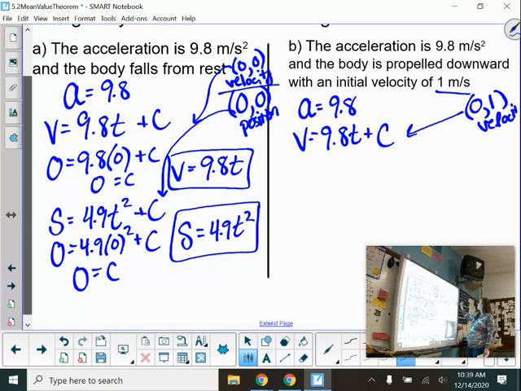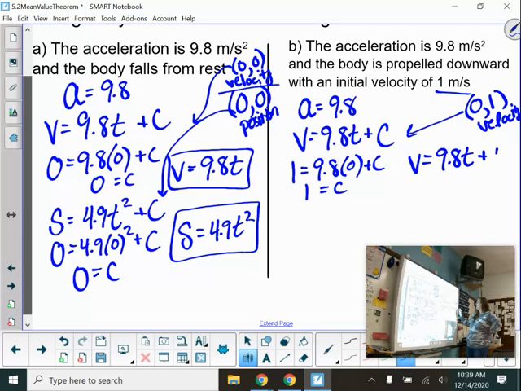So that's my point for velocity. So 1 is equal to 9.8 times 0 plus c, which means my c value here is equal to 1.